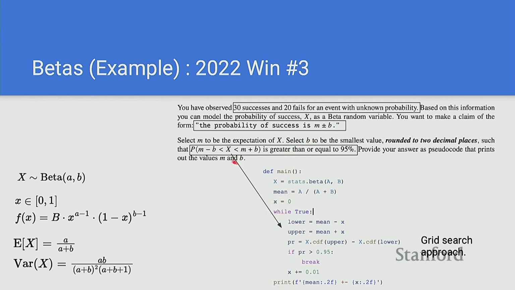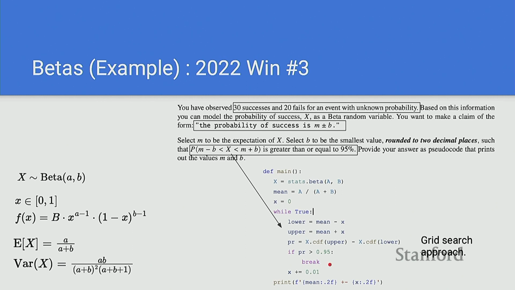We want x to be greater than the lower bound, which is the mean minus x, but less than the upper bound, which is the mean plus x. The probability of that region is the CDF of the upper side minus the CDF of the lower side. If that's greater than 95%, which is our target, then we break. Otherwise, we continue on with our grid search. And then just print out the values. Does this make sense? Hope I didn't go too fast.